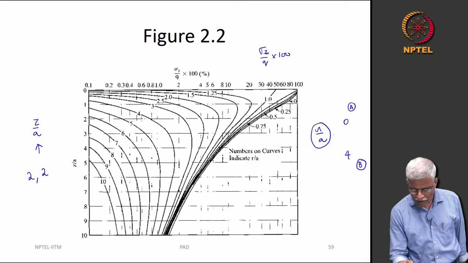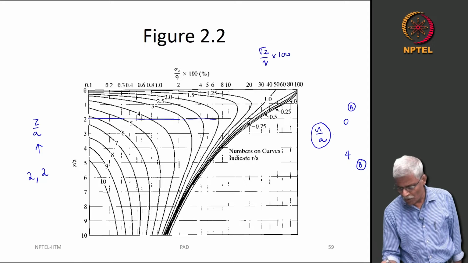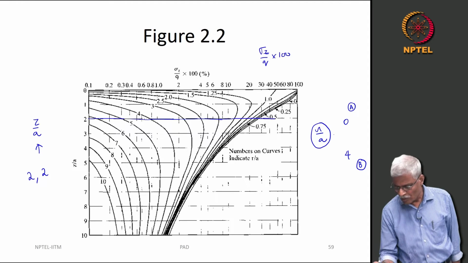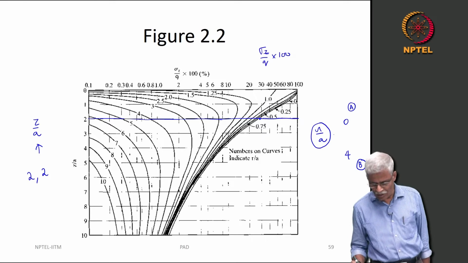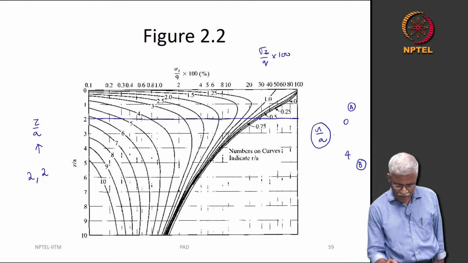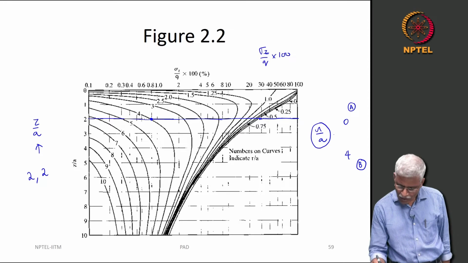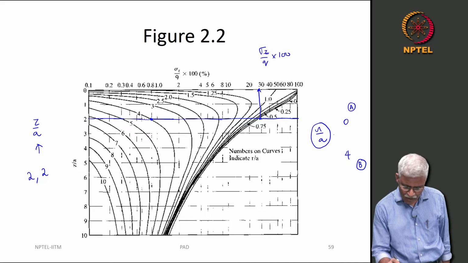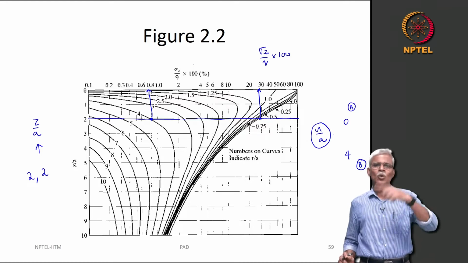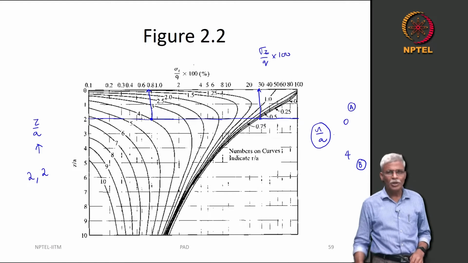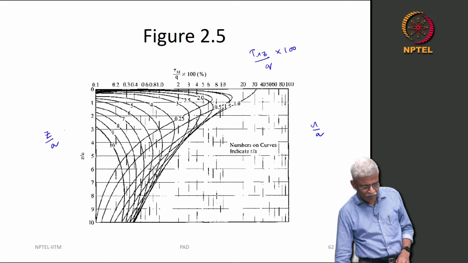So, all you really need to do is to come through this, find out the value for 0 as well as the value for 4, and read it from this. That gives you sigma z by q, and then you know what q is. So, you just need to multiply it to get your corresponding value.